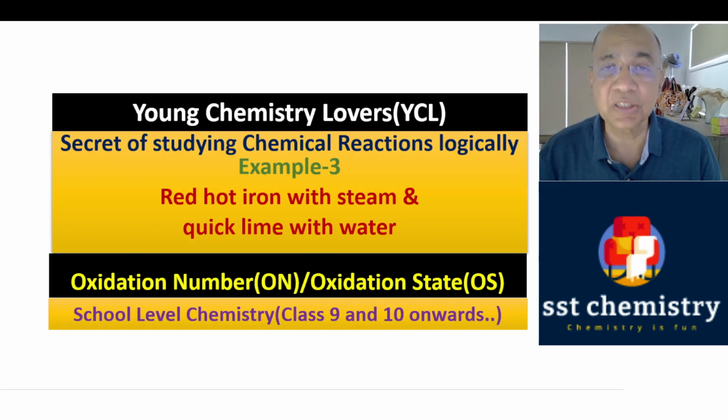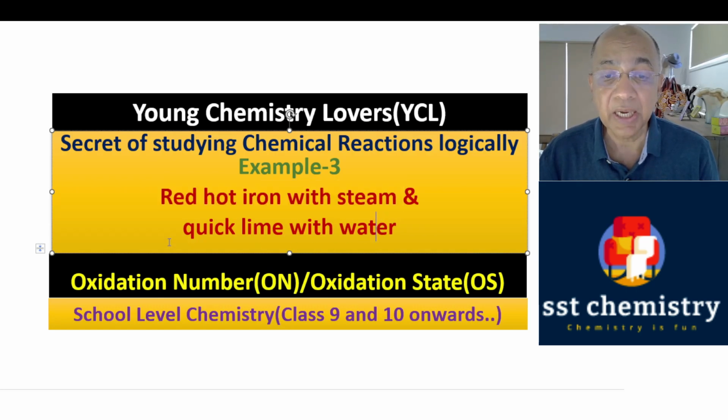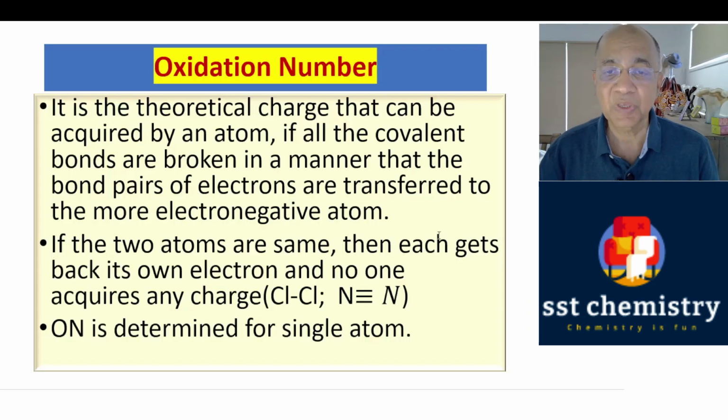And during our discussion, we shall also discuss officially about oxidation number. What is oxidation number? The reaction that we study today is the reaction of red hot iron with steam, superheated steam, and the non-redox reaction that we shall study is quicklime reacting with water.